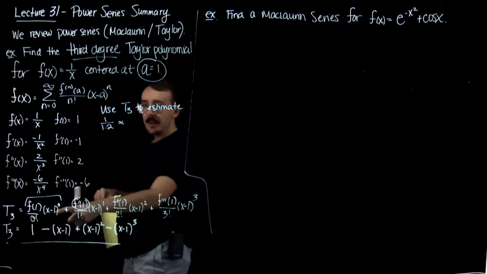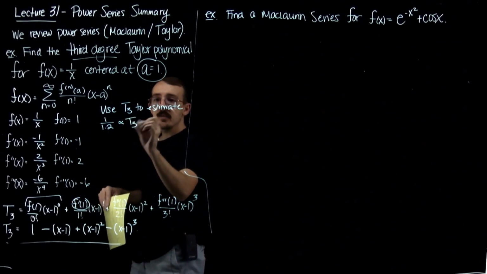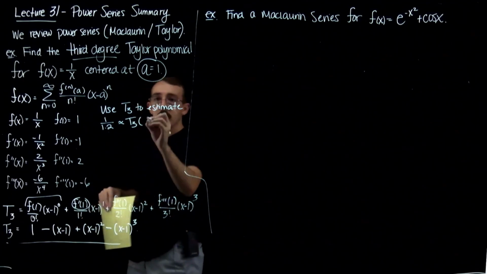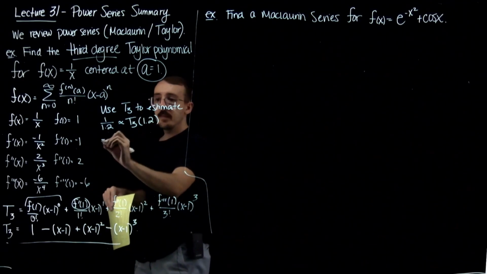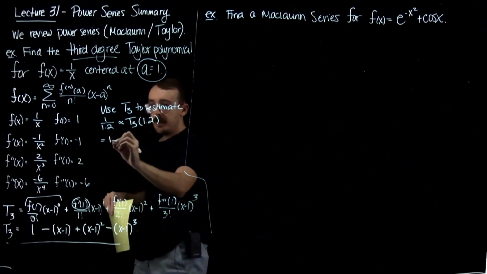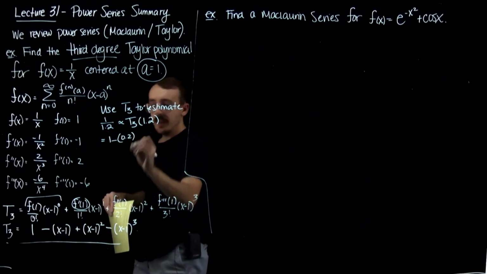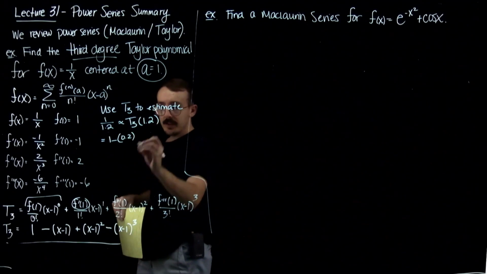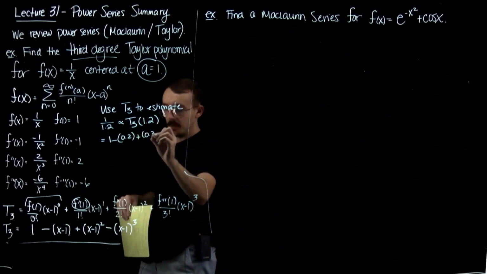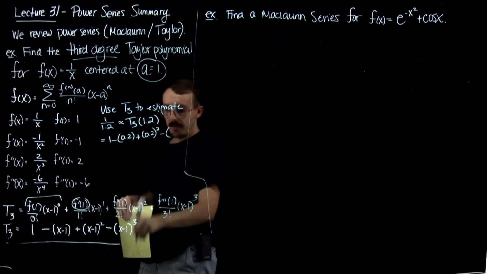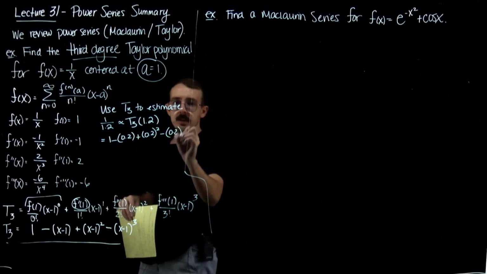So what I do is I take T3 of, and I plug in 1.2. And what is that equal to? It's 1 minus 1.2 minus 1 is 0.2. Here I could just get 0.2s for these other spots. So this is 0.2 squared. And then minus here I get 0.2 cubed.